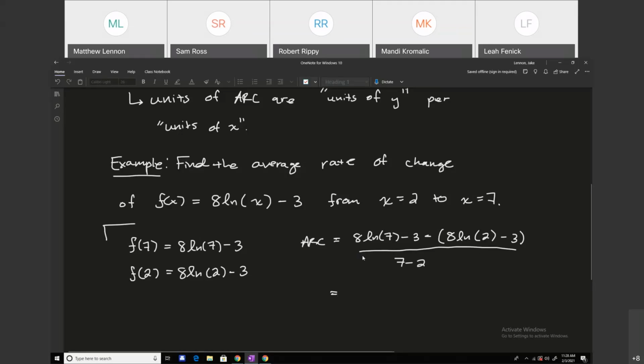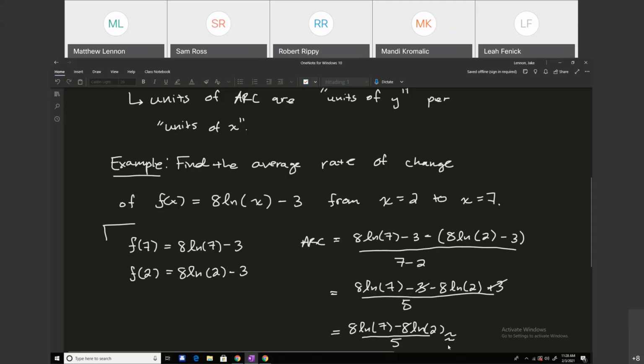So you end up with 8 natural log of 7 minus 3 minus 8 natural log of 2 plus 3, from distributing that negative sign, over 5. The plus 3 and the minus 3 are going to drop out. So we have 8 natural log of 7 minus 8 natural log of 2 over 5.